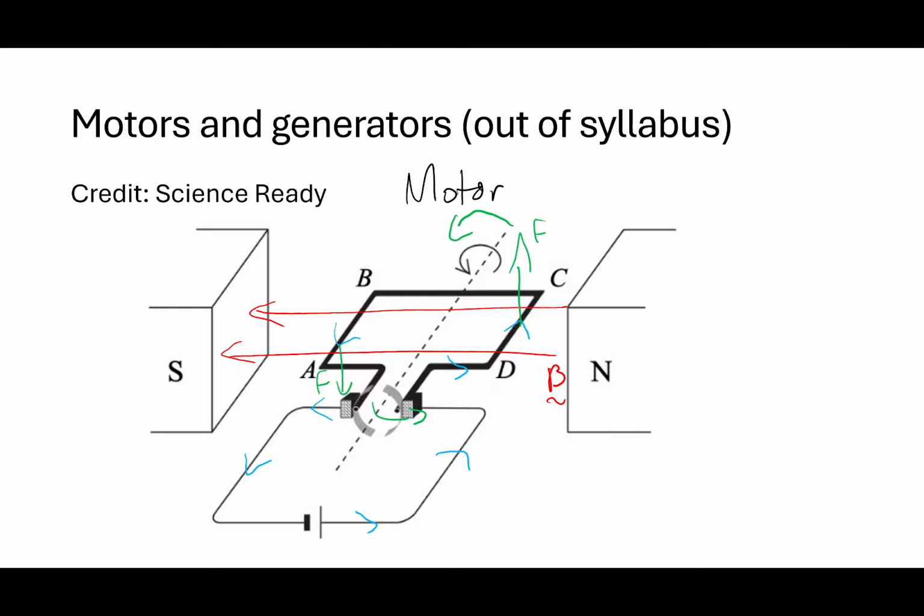That B is in vector notation. It's just a notation to say it's a magnetic field, B for magnetic strength, and the tilde under it is notation that it is a field that is acting.